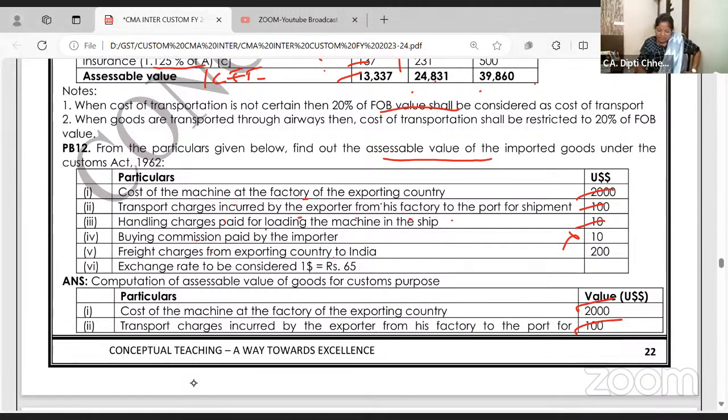Freight charges from the exporting country to India, of course. So 2,100, 300, 2310, and the exchange rate is 65.